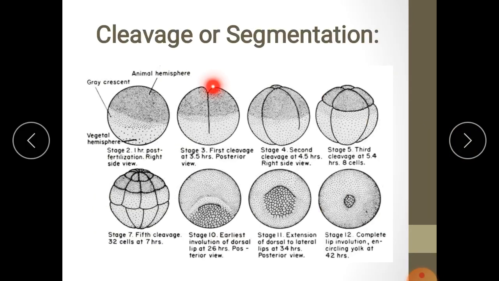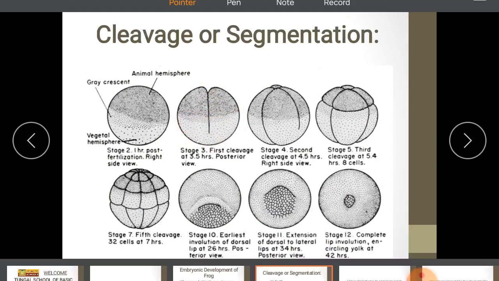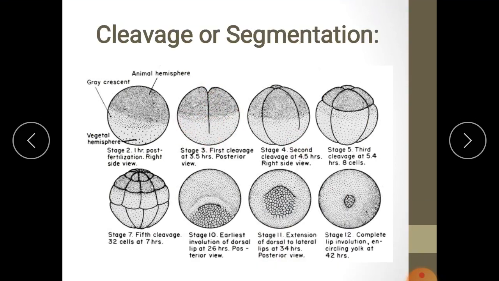As a result of the first cleavage, two equal sized blastomeres are formed, and second cleavage is also meridional but at right angles to the first one. Therefore, four cells are formed at the end of second division, and this is called four cell stage. All four cells are equal in size. Therefore, first cleavage and second cleavage are holoblastic equal cleavage.